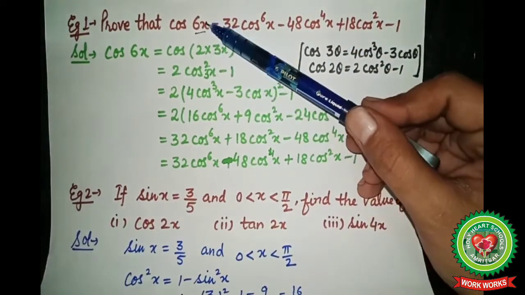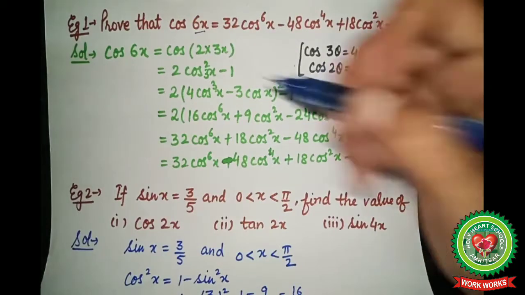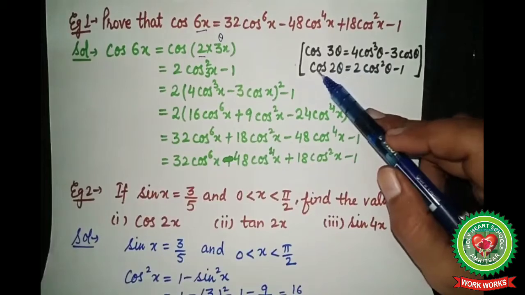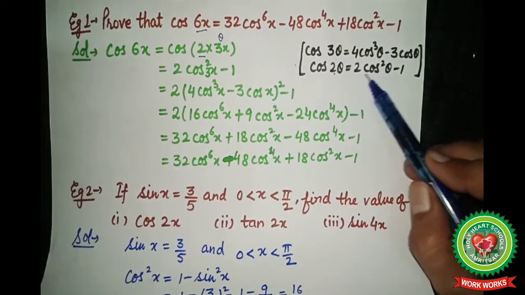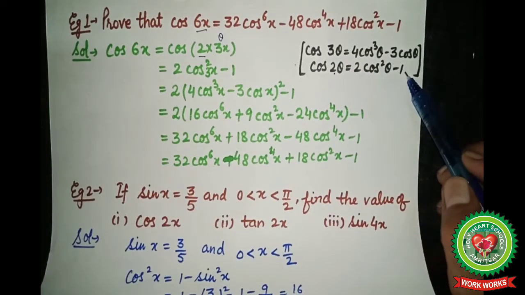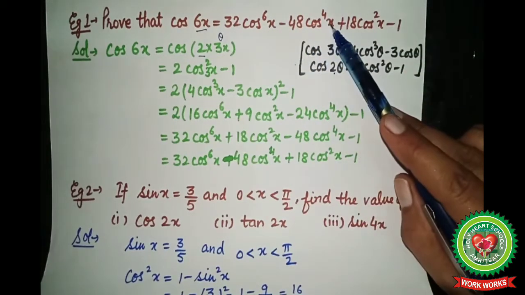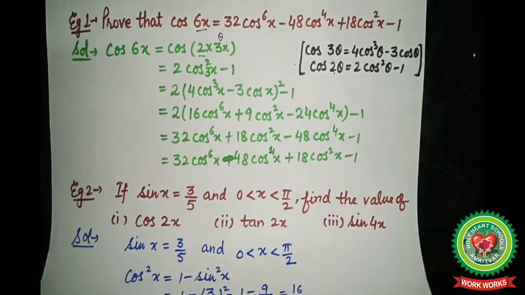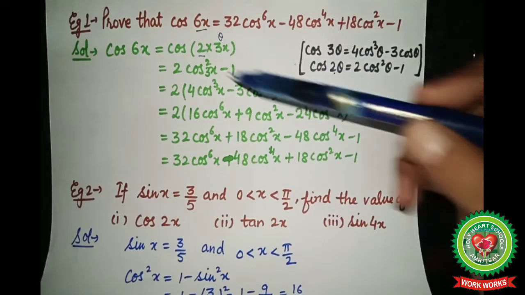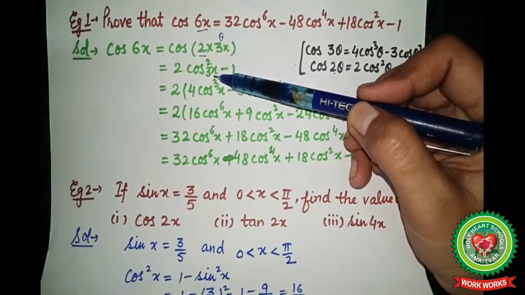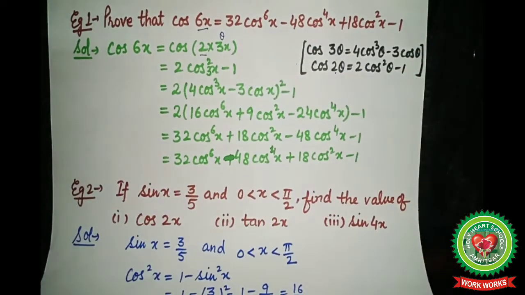Now here firstly apply the formula of cos 2 theta. So formula for cos 2 theta is 2 cos square theta minus 1. We choose this formula because in the answer we require cos terms only. So when you apply the formula, 2 cos square of 3x minus 1 will be there.